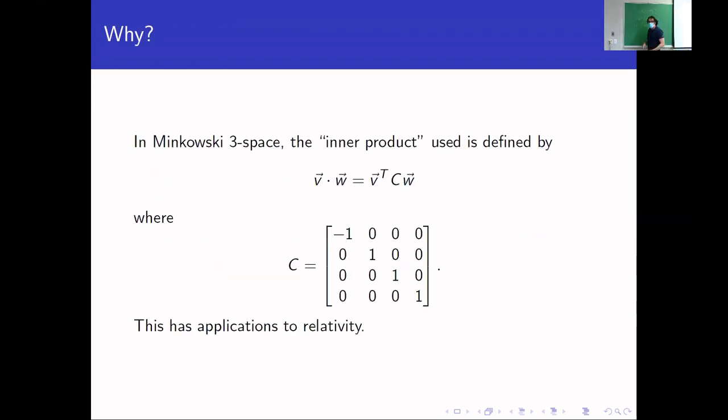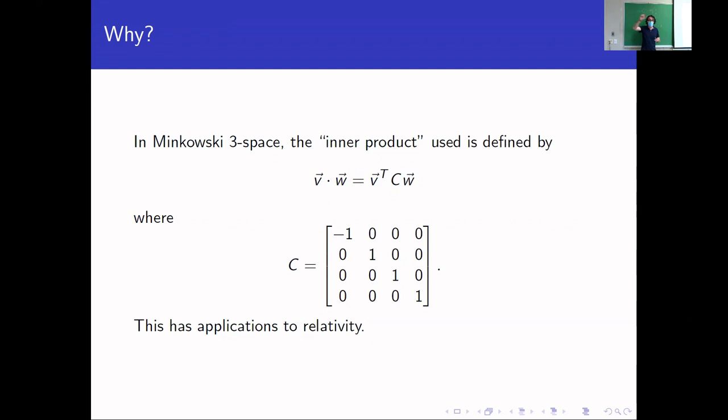Who would ever do something as insane as putting a different thing in the middle? Well, I'm glad Warren was here. Minkowski 3 space. Well, 3, kind of. It's really 4-dimensional space-time.